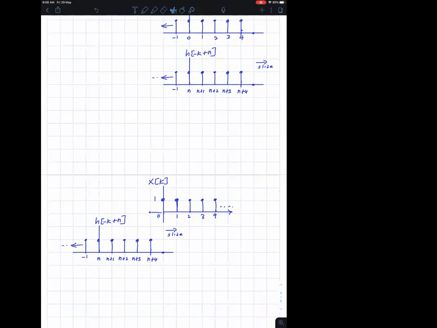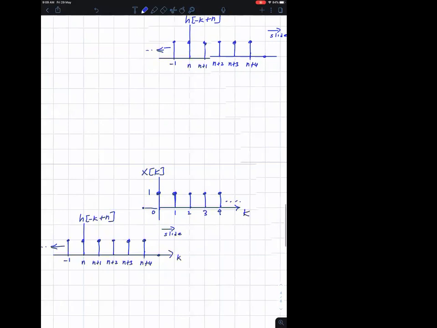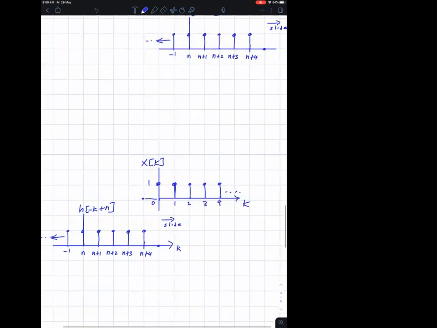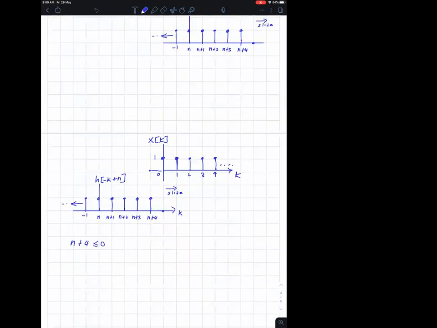When you're sliding, when n plus 4 is less than 0, there's no overlap, right? See, right there. When n plus 4 is less than or equal to 0, there's no overlap.